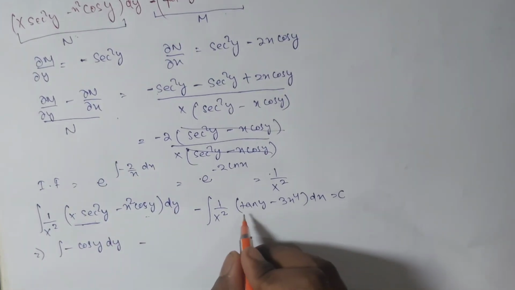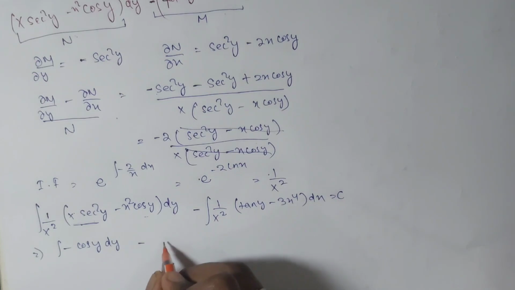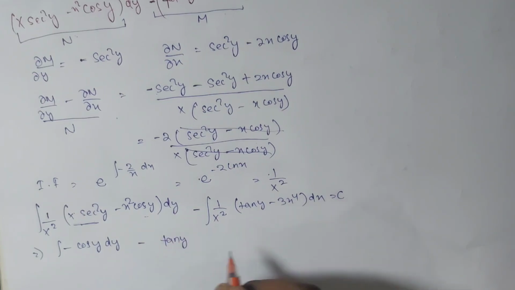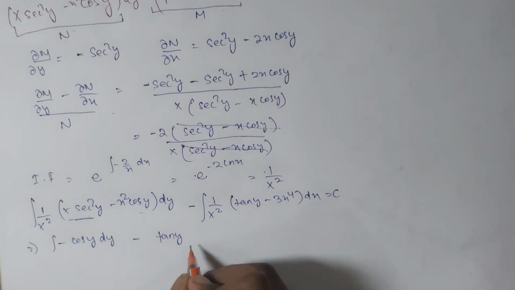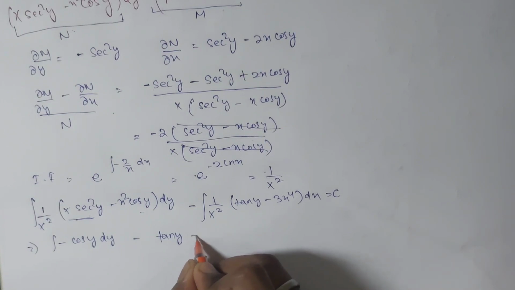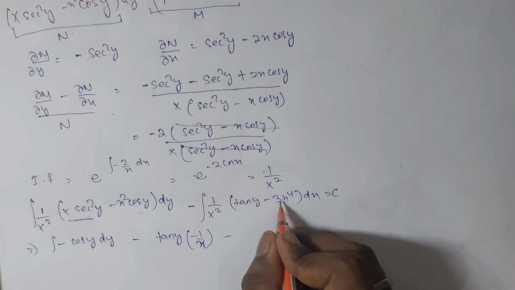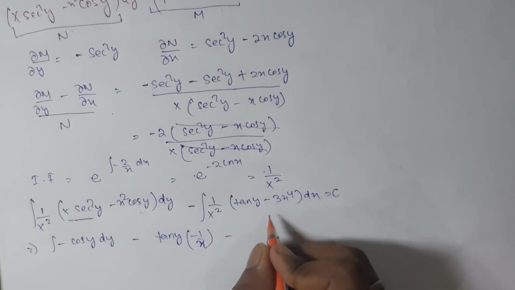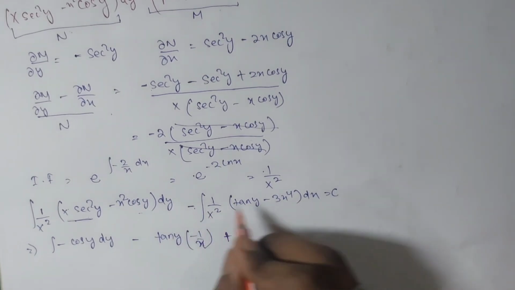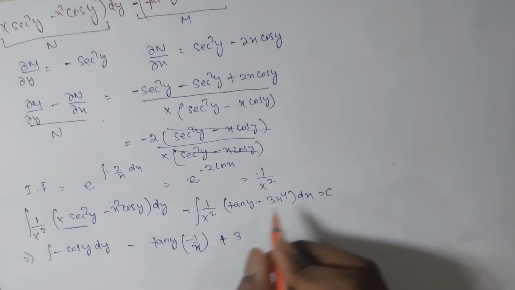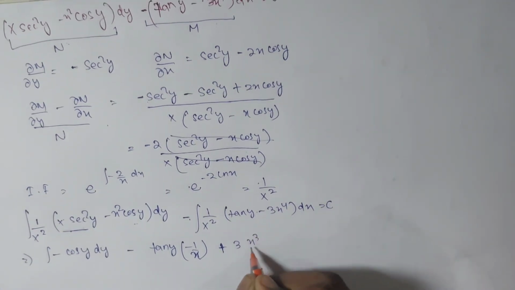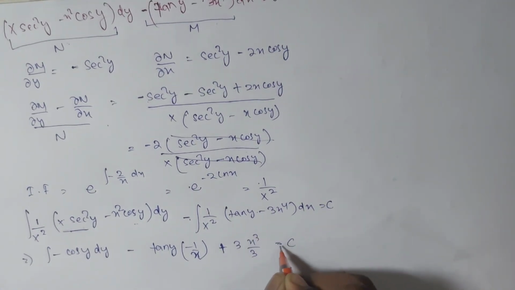And here 10y becomes a constant, and 1 by x square integration becomes minus 1 by x, and minus 3x square integration is x cube by 3, equals c.